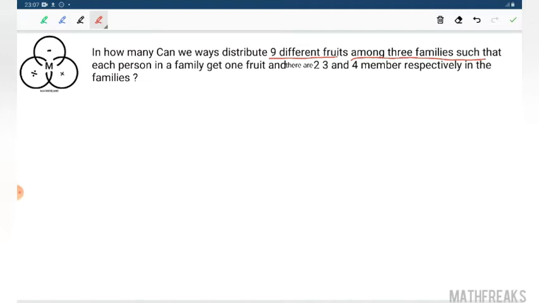So we are having 3 families, say for example A, B and C. Suppose A is having 2 members, B is having 3 members, C is having 4 members. Our intention is to distribute the fruits.